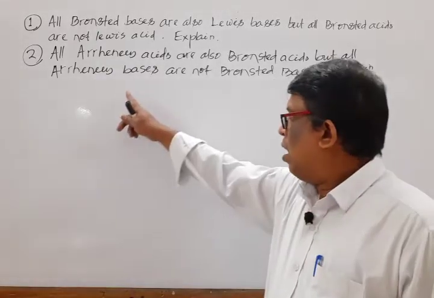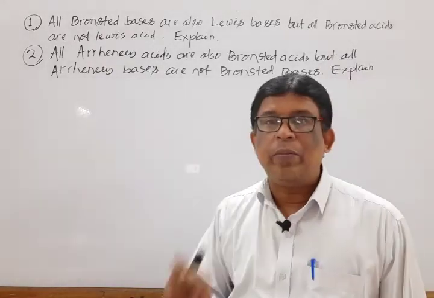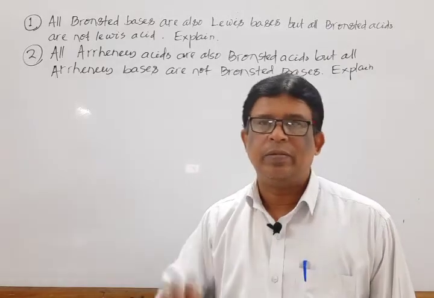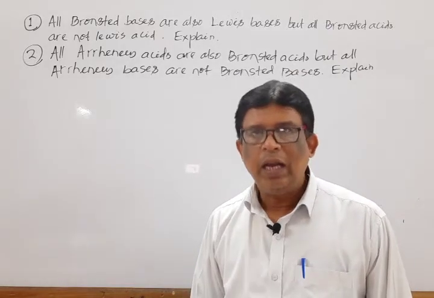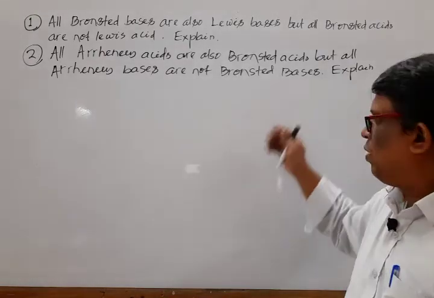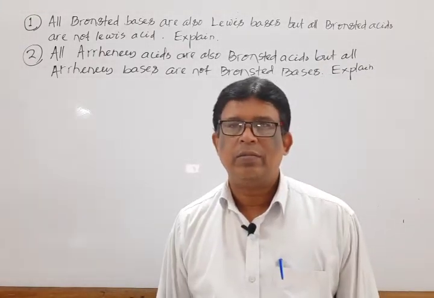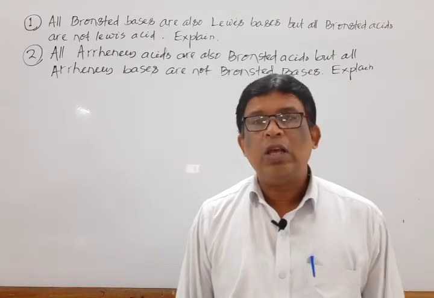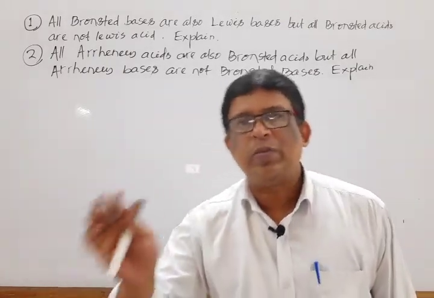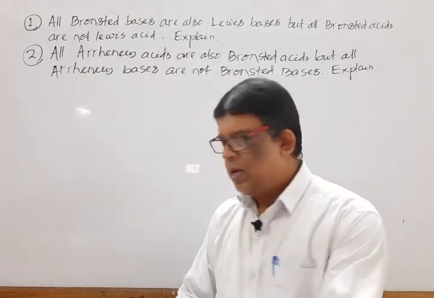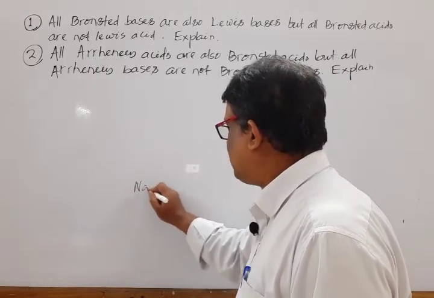But according to Arrhenius theory, a base is one which dissociates in water to give OH minus ion, while according to Bronsted theory, a base is one which accepts a proton. That means species which donate OH minus ion may not accept a proton. A suitable example is sodium hydroxide.